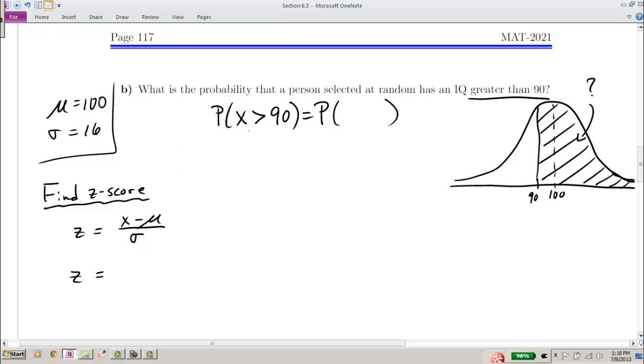Our x value is 90. And so 90 minus 100 is negative 10. Divide this by 16.